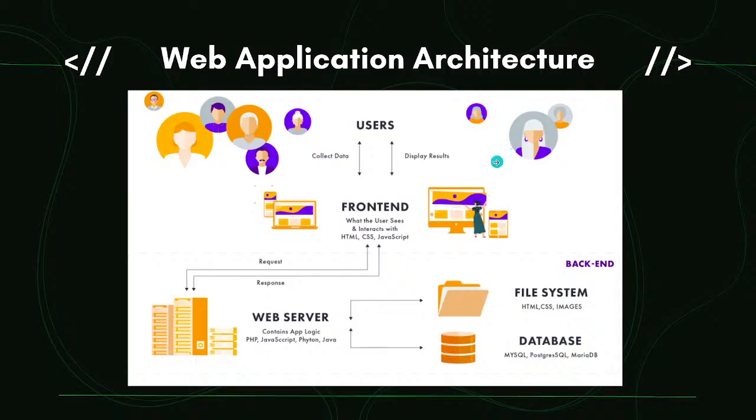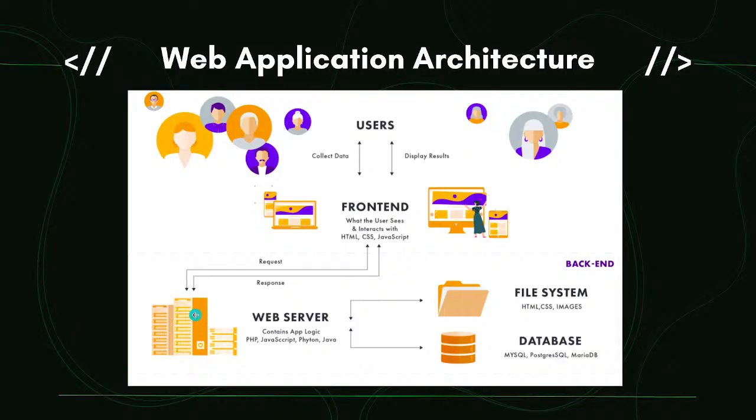This is a better image of what web application architecture is. Taking the analogy of the stream you are watching right now, currently you are the users. The front end is the YouTube web page in which you are watching this video. The front end collects data from users and sends it to the server as a request. The server contains the logic of how to respond.